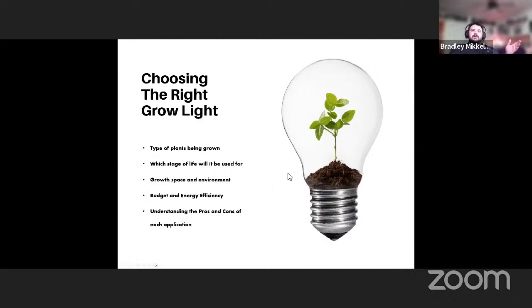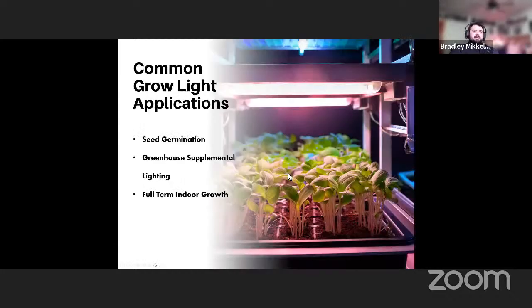So let's dive into some common grow light applications. What we see in this image here would be a seed starting or a microgreen setup, and they're using what looks to be fluorescent tubes over a shelf, just like what I was talking about earlier. This is ground zero of using grow lights. These can be very beneficial to a backyard gardener, especially in areas like South Dakota, North Dakota, or zone 5, zone 6, where our outdoor growing season is extremely short.